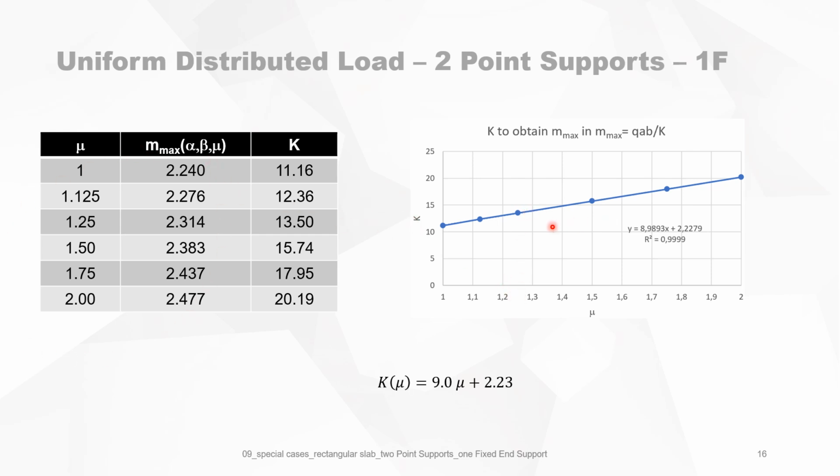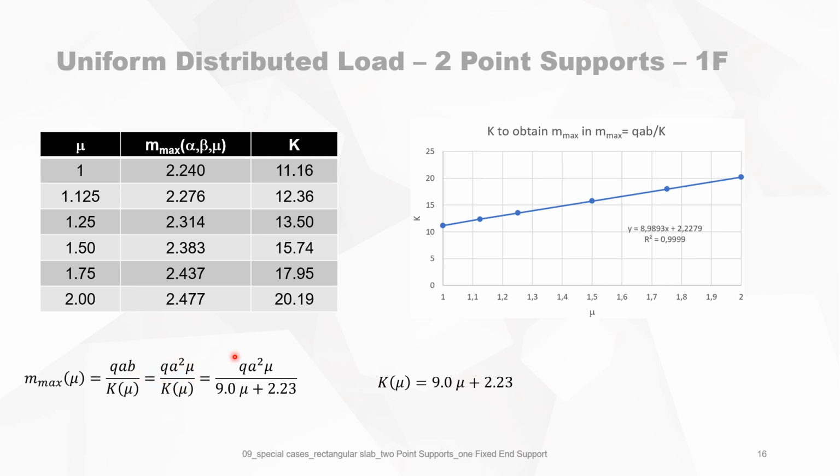We make a regression, and we find that the relationship for K is 9 times mu plus 2.23. So this means that the maximum bending moment is now expressed as a function of mu, which is the total load divided by K mu, but B is mu times alpha.